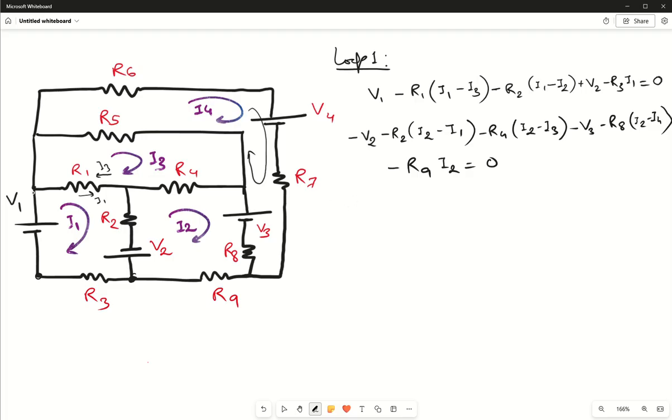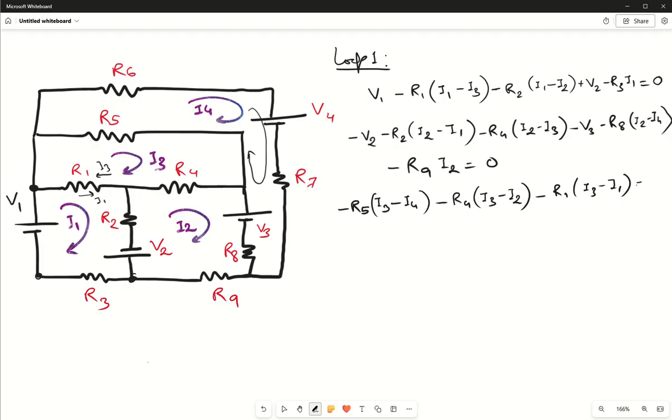So next let us start for I3. So from this point, what we are having is R5 into I3 minus I4, right? Next we will be encountering R4, so R4 into I3 minus of I2, okay, then minus of R1 I3 minus I1.